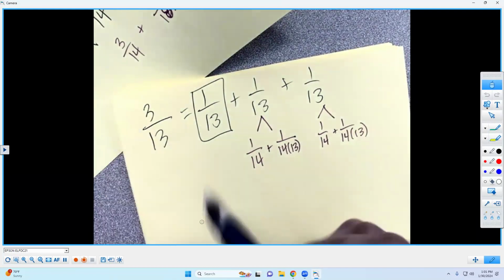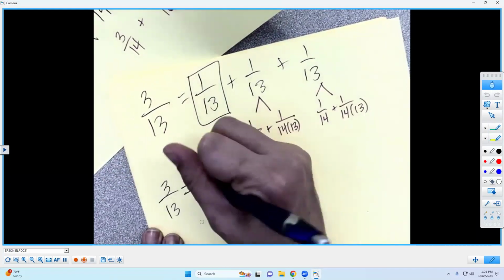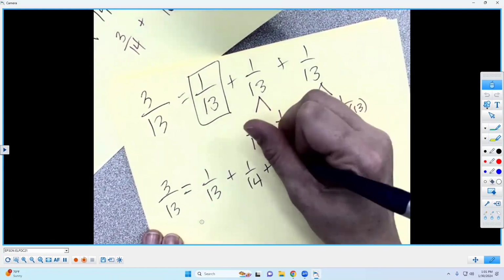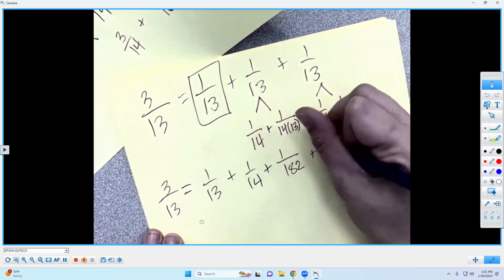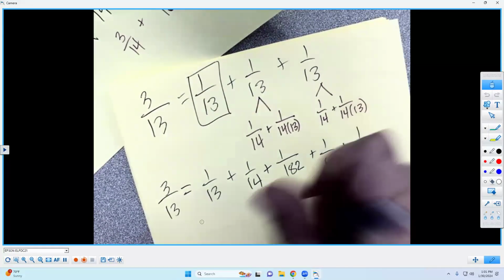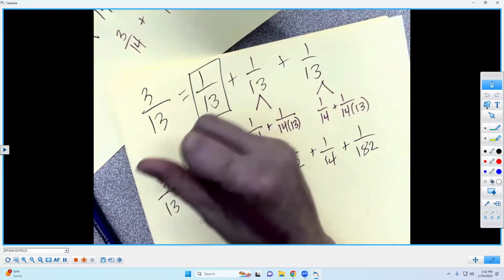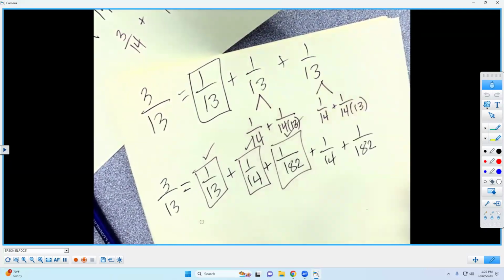Go again. At this point, my answer for 3/13 would be 1/13 plus 1/14 plus 1 over 182, 13 times 14, plus 1/14 plus 1 over 182. I'm only allowed to have everything one time. So this one's done, this one's done, this one's done.